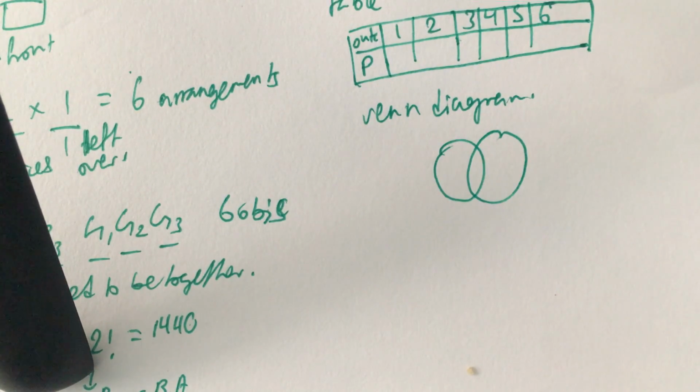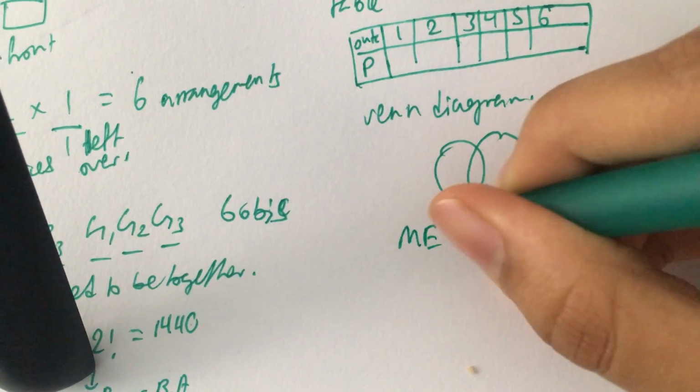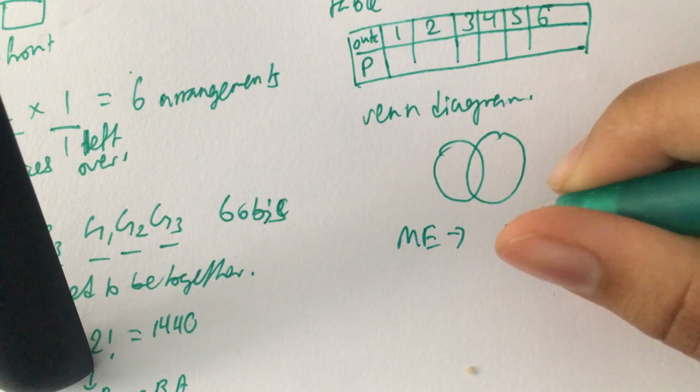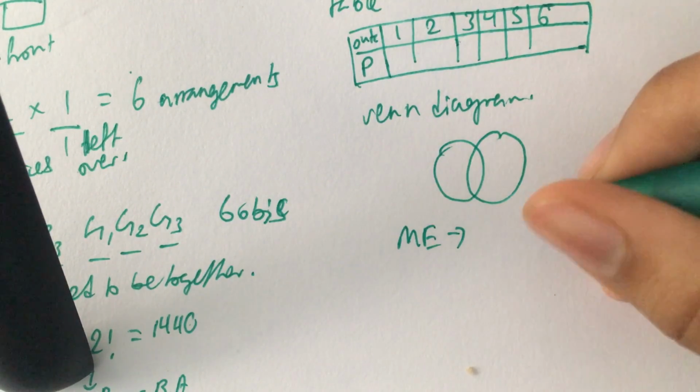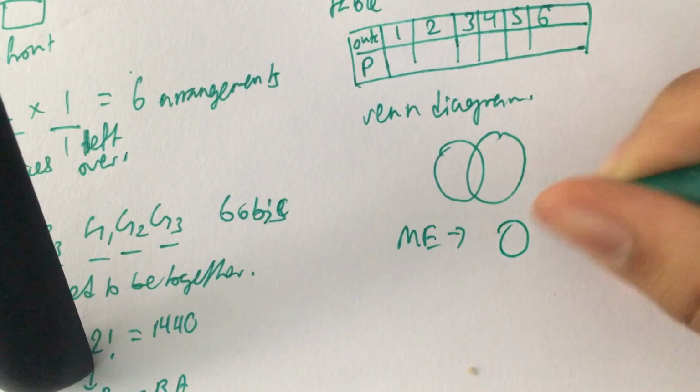Like with numbers, they give you a bunch of events A, B, C, and then tell you the probability of them happening. Then they tell you whether they're mutually exclusive or independent. So in a Venn diagram, let's say you have two events, red and blue: the chance of red happening and the chance of blue happening.